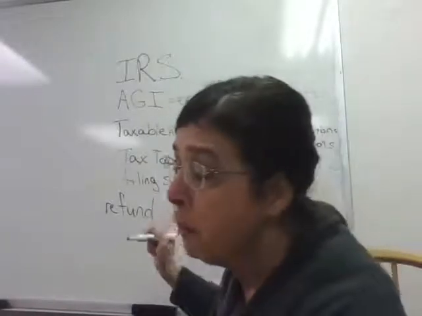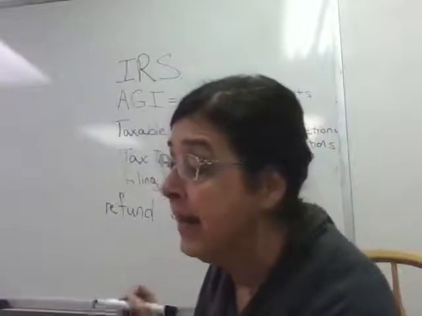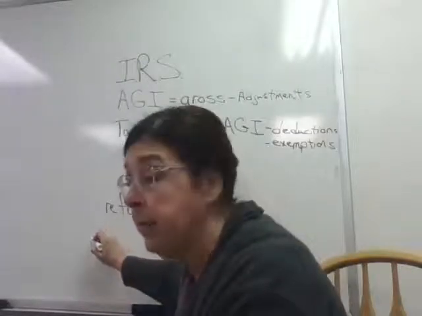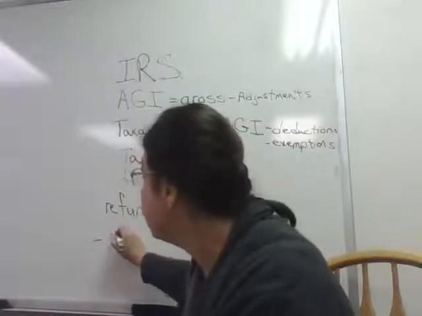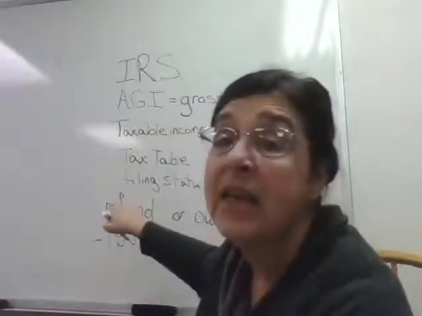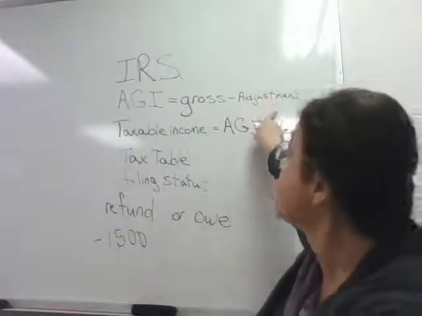So number 1, we have a gross income of $20,876. We're going to take that number and then subtract the $1,500, which is the adjustments. AGI equals gross minus adjustments.